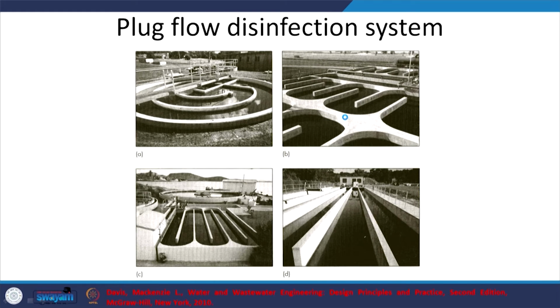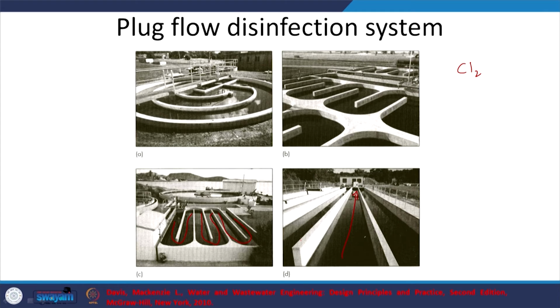So, plug flow disinfection system, there are different ways to promote it, but this is with respect to typically chlorination. If it is ozonation, you are not going to keep it open to the relevant surface. So, different ways to promote this plug flow, right. We do not want to achieve completely mixed. So, again different baffles, you see the different baffles to be able to achieve a plug flow system here, right. Or obviously narrow long channels which are divided, so that again they behave like a plug flow system.